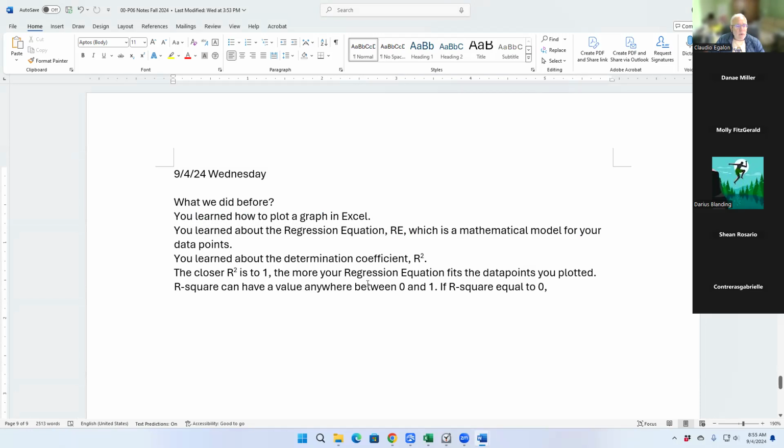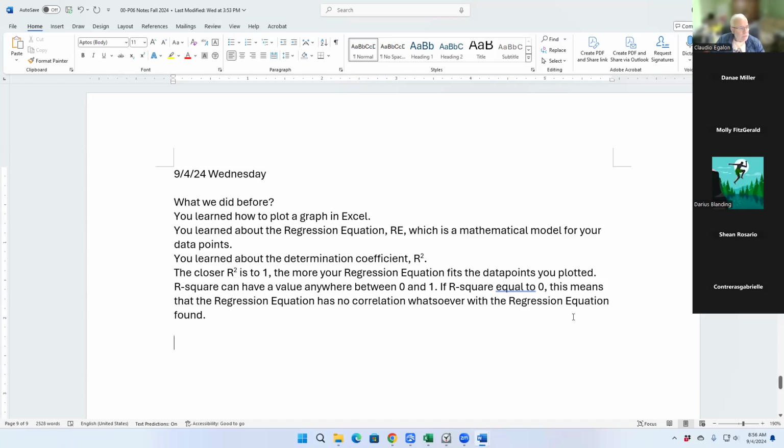The closer R squared is to 1, the more your regression equation fits the data points you plotted. R squared can have a value anywhere between 0 and 1. If R squared is equal to 0, this means that the regression equation has no correlation whatsoever with the data points.